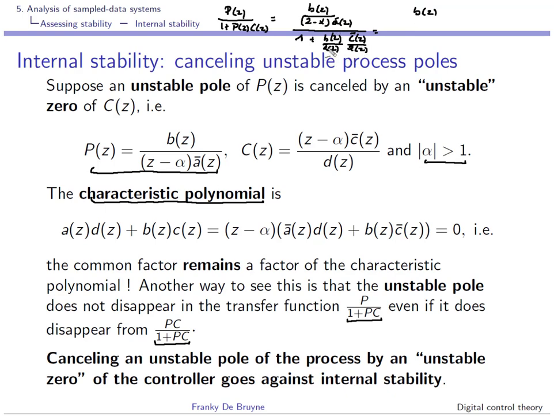So what you have here on the denominator will appear at the numerator. We'll have A bar(z), and then D(z).